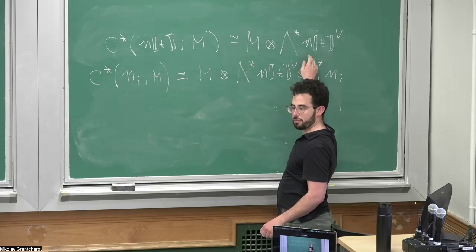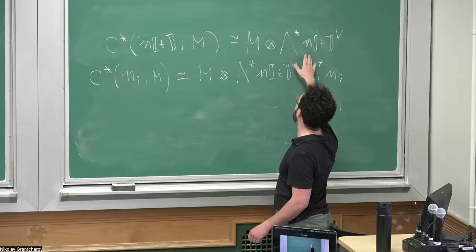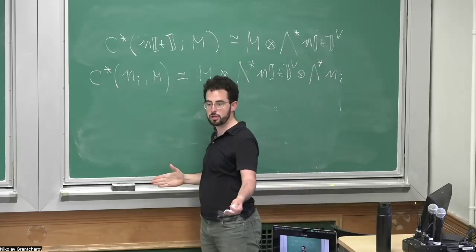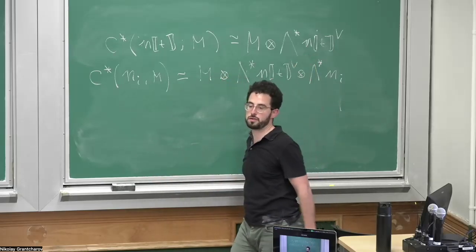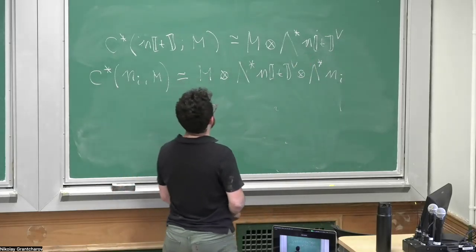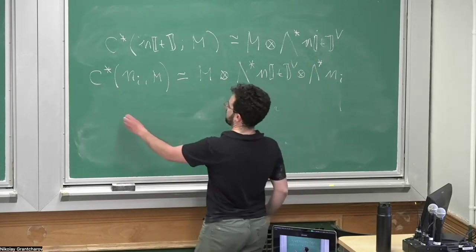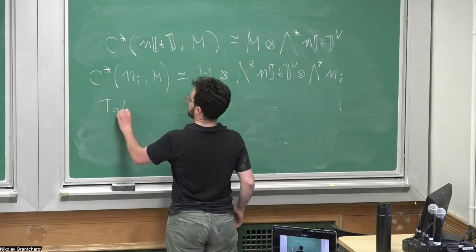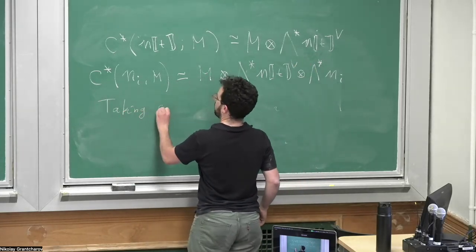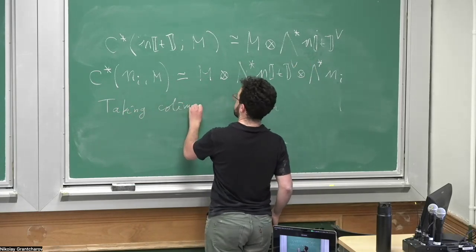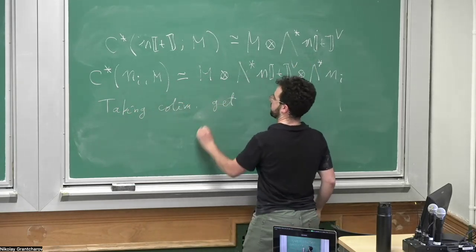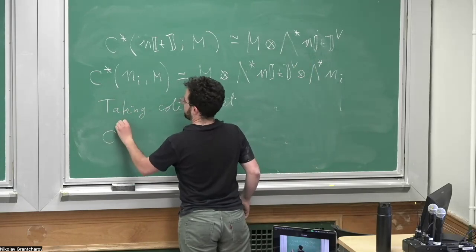This is a limit of vector spaces, so a limit will have a topology, it's a completion. A colimit will just be a union of vector spaces. So with the colimit, we get semi-infinite cohomology.